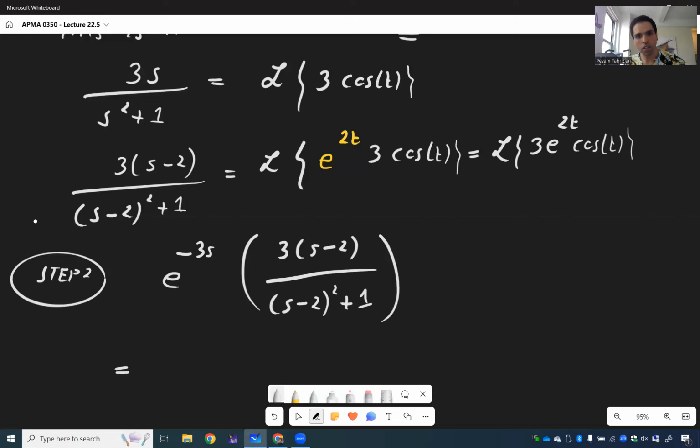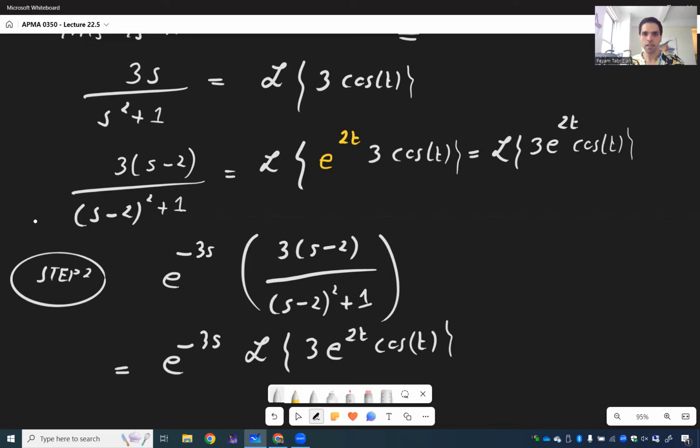Now we saw this is e to the minus 3s times the Laplace transform of 3e to the 2t cosine of t. But now we use the rules we learned in cases 1 and 2. So what happens when you add an exponential term to the Laplace transform? Remember, it shifts and jumps.